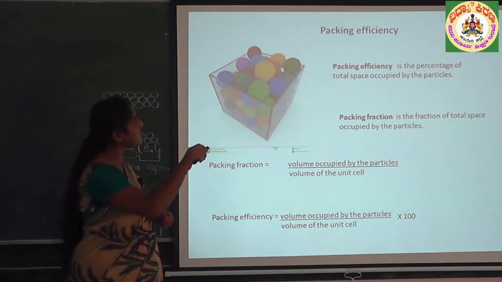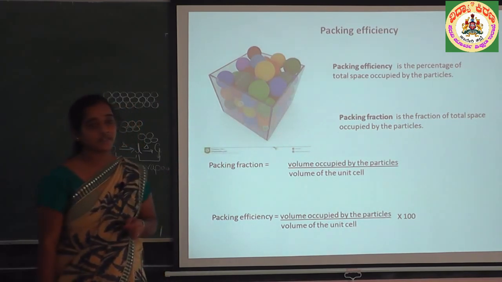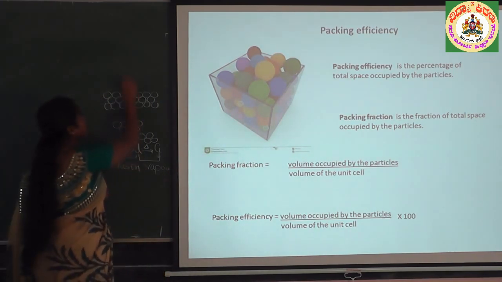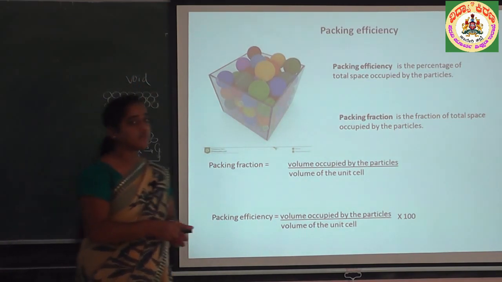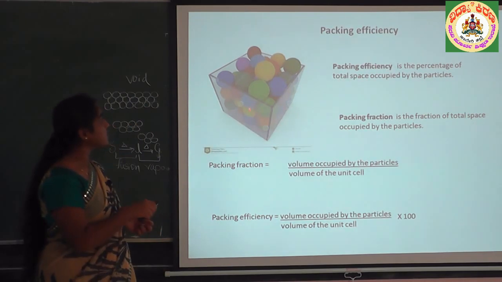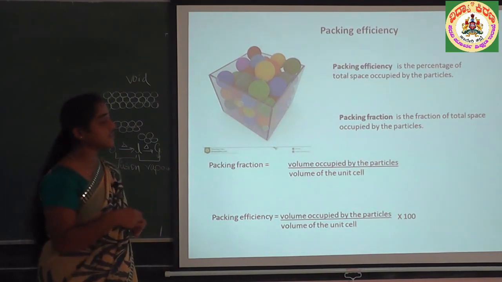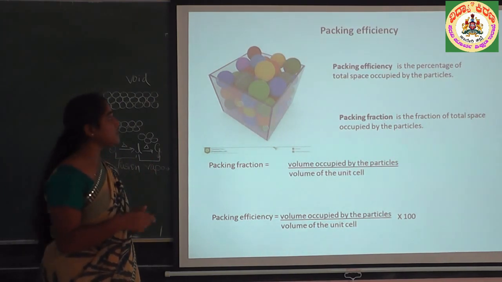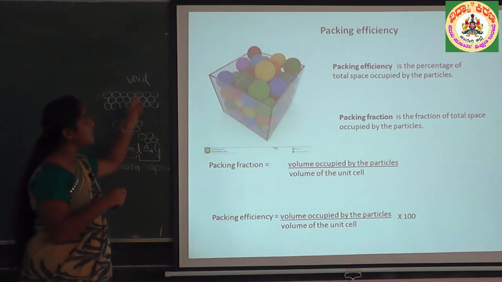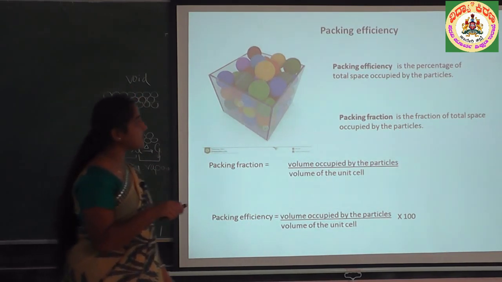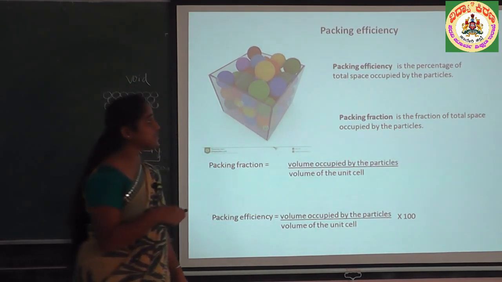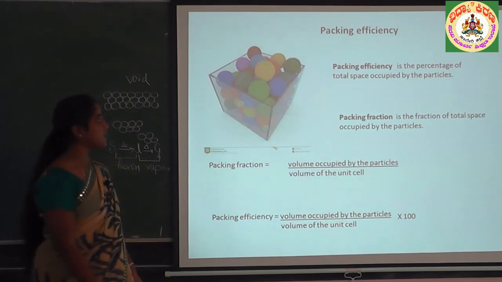We call that void. Void is nothing but the empty space. So even if we fill the box with balls, there is some empty space between the balls, and we call that void. Then packing efficiency means the percentage of total space occupied by the particles.